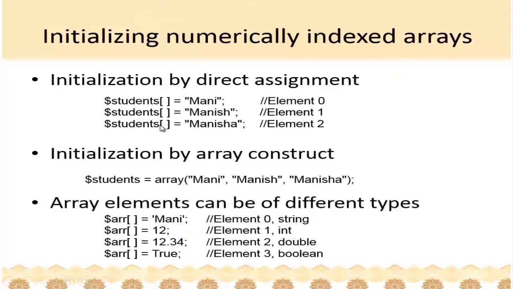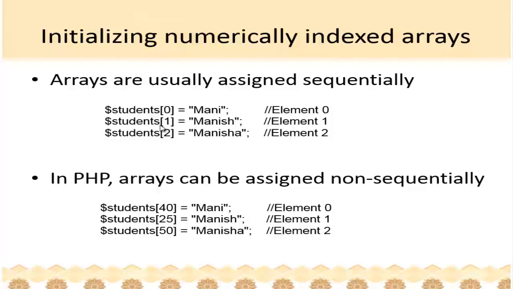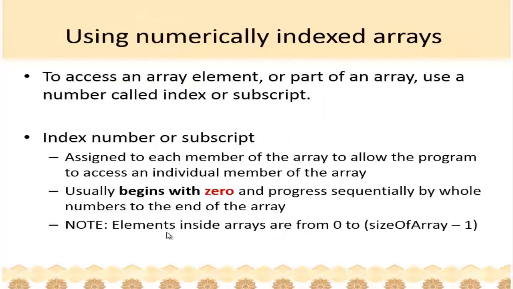Here, I'm not specifying any indices, which means I expect PHP to put the indices, whereas here I specify explicit indices. Unlike other programming languages, when you create the indices there is no need for them to be in the same order. You can create the indices in any order. For example, if you notice over here, 40 comes first, 25 next, 50 later. It's up to you how you create the indices. It is very flexible as compared to other programming languages.